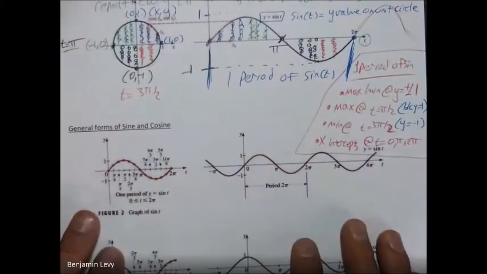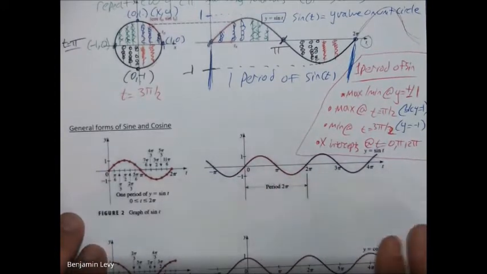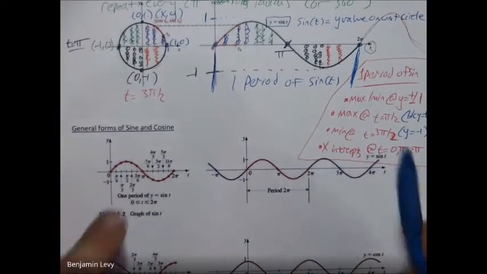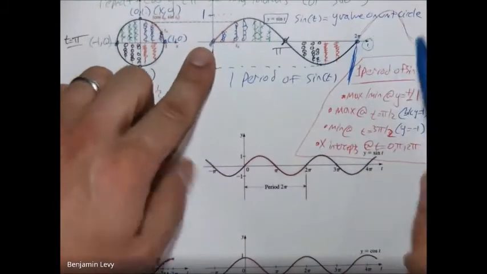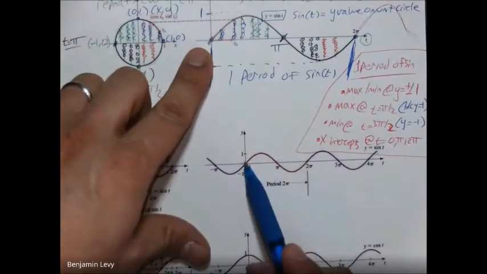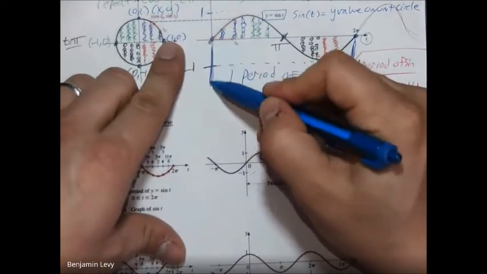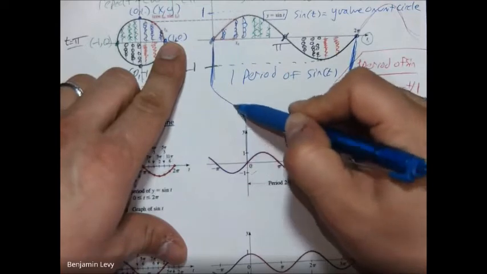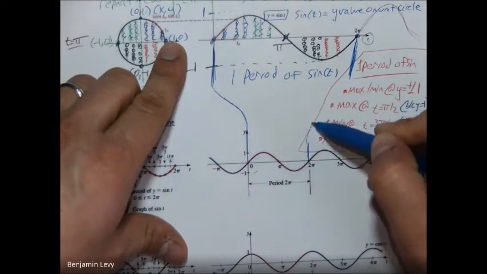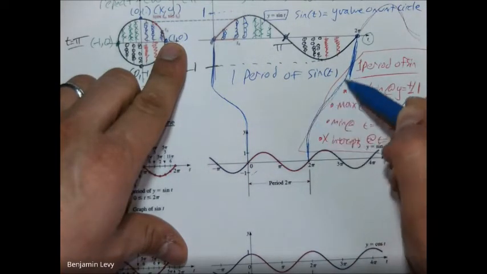So let me know if you need another review of that. Okay, so this is just, again, tracing the y values out creates this graph. Now this lower graph here is just sort of the same exact graph, just continued. Okay, so in other words, this is between 0 and 2 pi right here, right? On the first graph. Here's 0, here's 2 pi. So this graph right here, between these two places, is exactly what we just did.